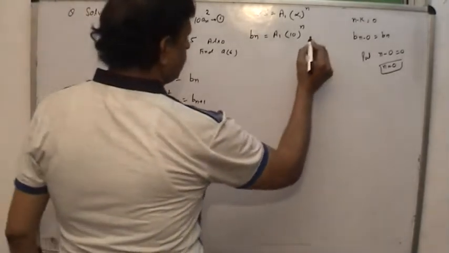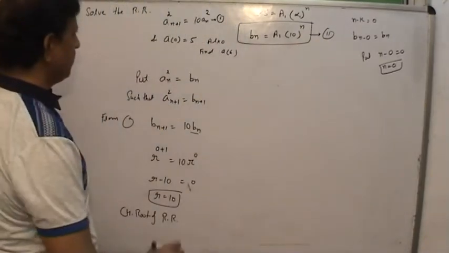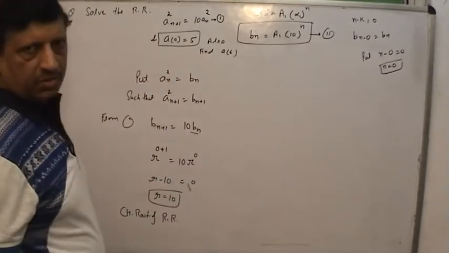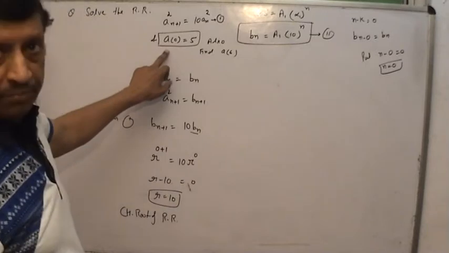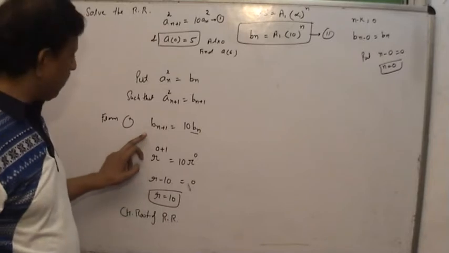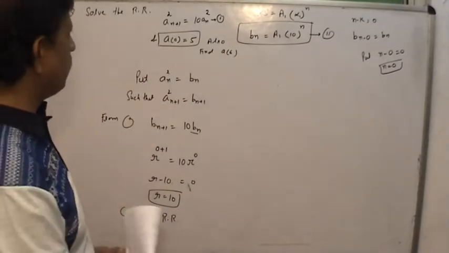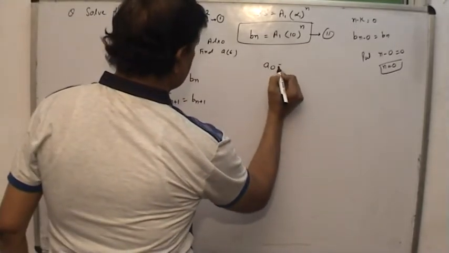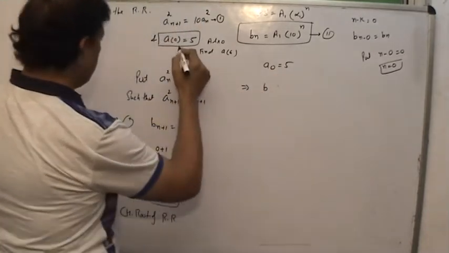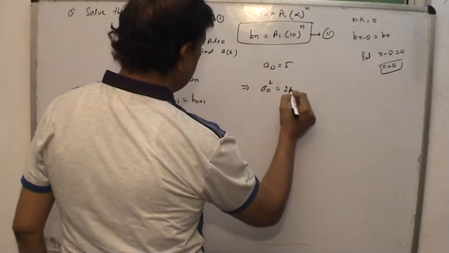Now we can solve this general solution by using the initial value condition. But this condition contains the value of a, and we have changed the recurrence relation into b, because b is equal to a square. So a0 is equal to 5, which implies a square 0 is equal to 25.